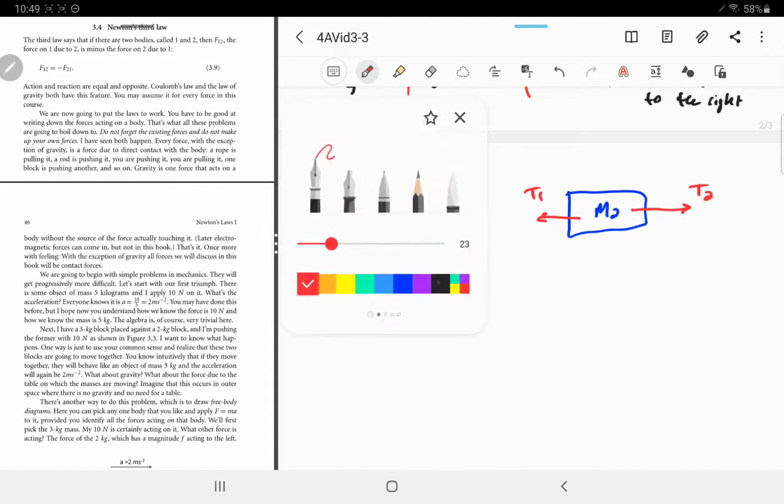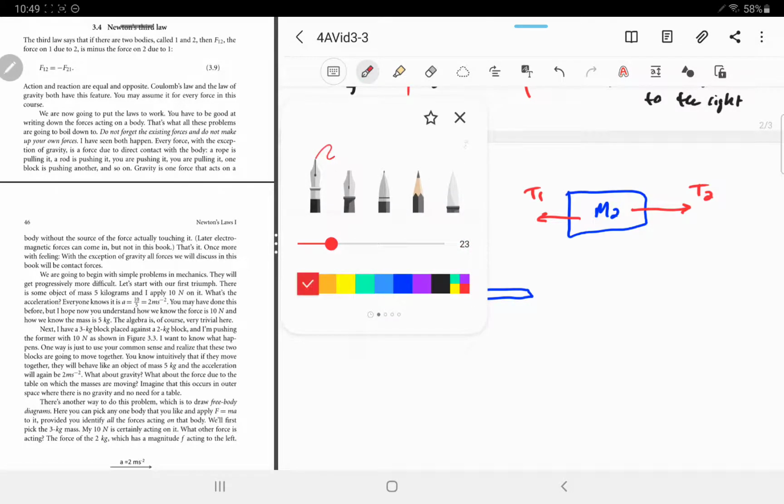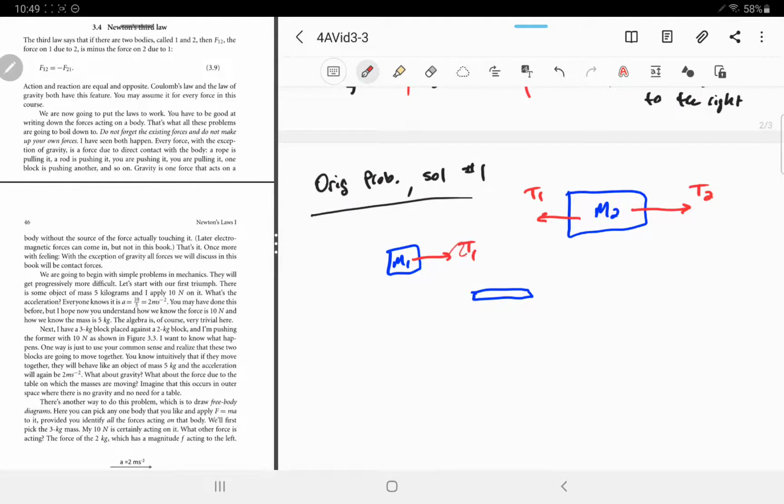So I guess I was explaining why we could ignore the object of the rope in the middle, right? You could think of the rope as a third object. If M1 is pulling to the left on the rope, then the rope is pulling to the right on M1, and it's the same thing with M2, but then these two have to cancel out.